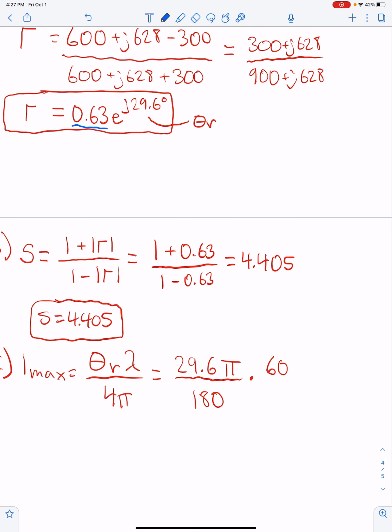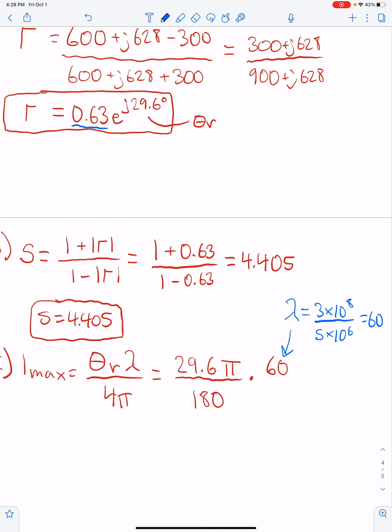and I computed this before, but just to show all the steps, the way I got this wavelength here is simply our speed of light divided by our frequency, and this is just equal to that 60 that you see here.